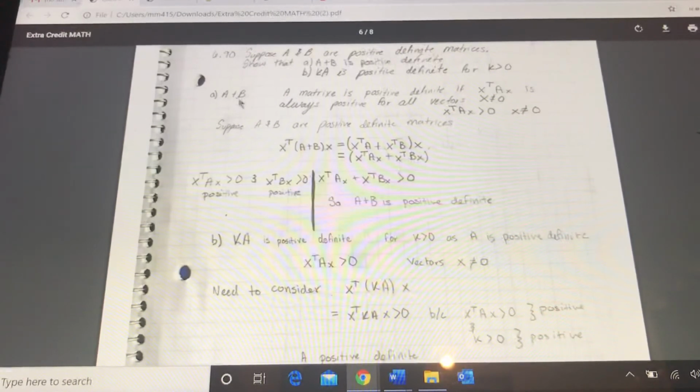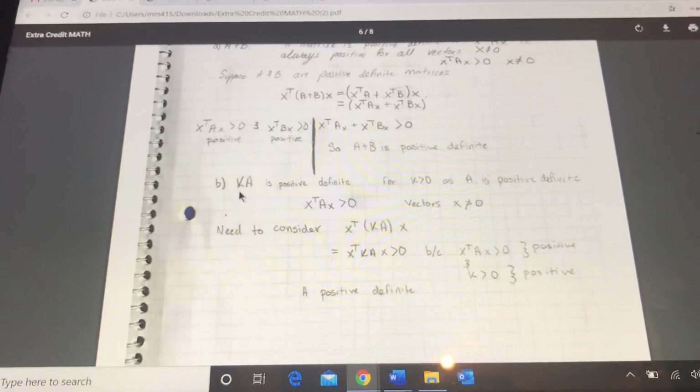So essentially we're just going to plug in A, B, do the math. Here we get this. We know that x transpose A x is positive. The same will be for B. Therefore, this whole equation is greater than 0 because none of them are 0 values. So A plus B is positive definite.